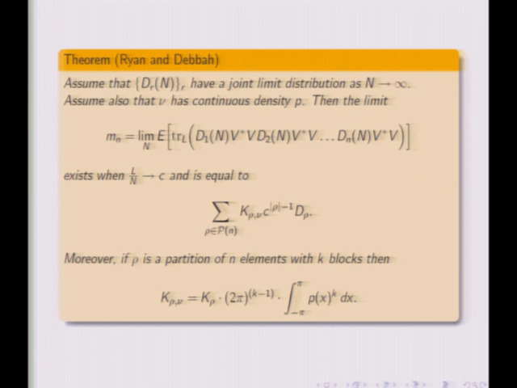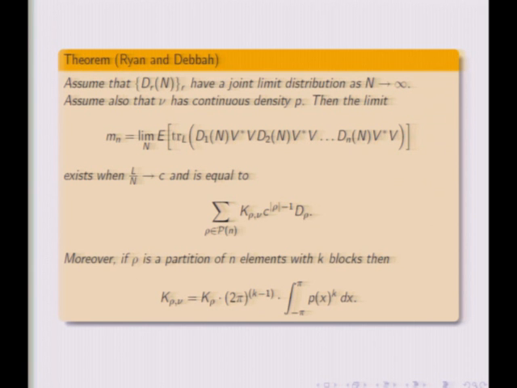Joint limit distribution does not mean in the sense of probabilities. I think I'm going to let you read Ryan and Deborah's paper, and I'm not going to burden you with worrying about those. So we'll just throw the identity in there, and that'll be much happier. And then we'll wind up with this limit here. So then we know that the moments are going to some number. Ryan and Deborah have shown that.